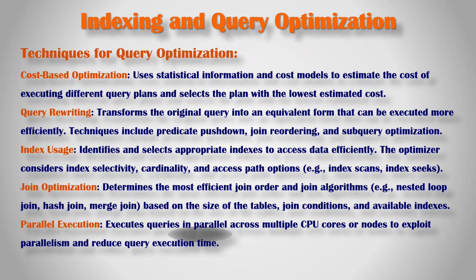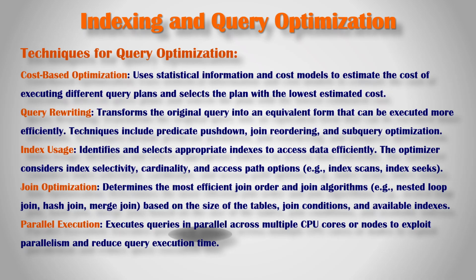Techniques for query optimization. Cost-based optimization uses statistical information and cost models to estimate the cost of executing different query plans and selects the plan with the lowest estimated cost. Query rewriting transforms the original query into an equivalent form that can be executed more efficiently.